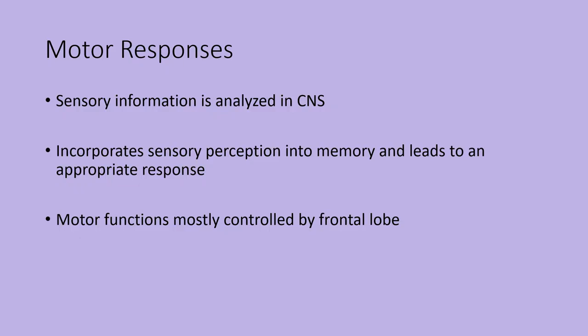So after it's analyzed by the central nervous system, you're going to incorporate some of the sensory perception into your memory, because oftentimes you rely on past experiences to determine the appropriate response now. So some of that sensory perception information goes into your memory banks, and you're going to come up with the appropriate response for this situation.